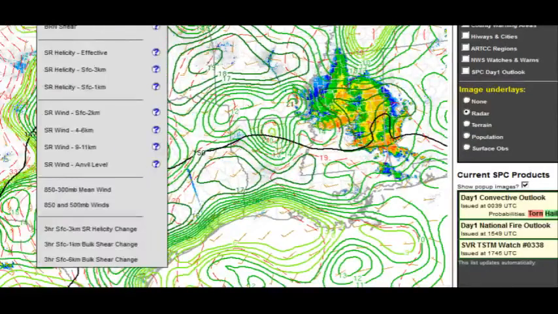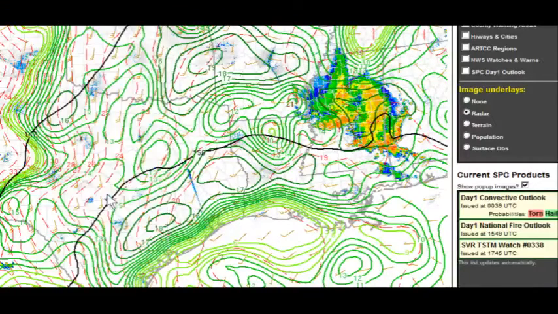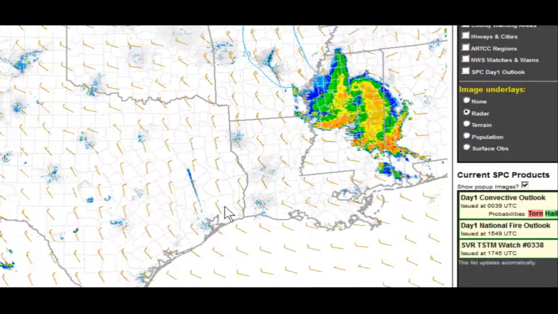And if you remember, we were talking about Corfidi vectors. We can use SPC's chart here. Go to the 850, 300 millibar wind. So it gives you kind of your cloud steering flow. If you have one cell out by itself doing nothing at all, it's going to tend to drift that way right there. So that's the vector for those clouds.